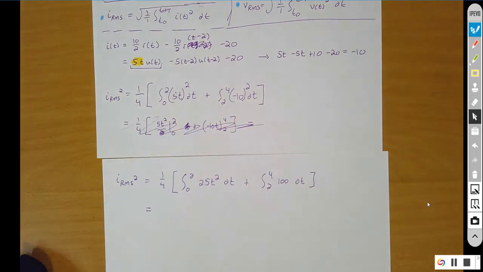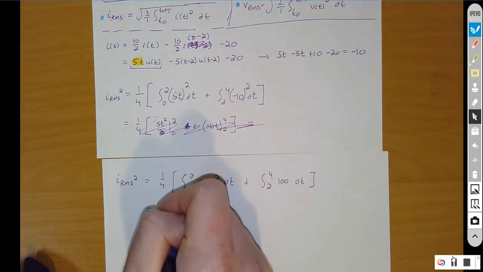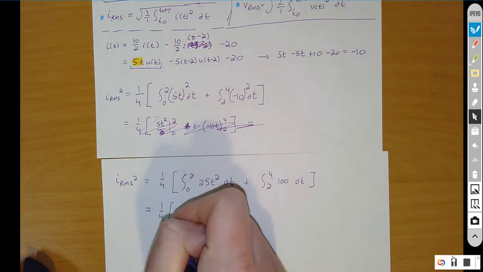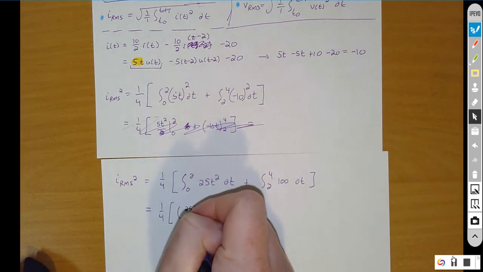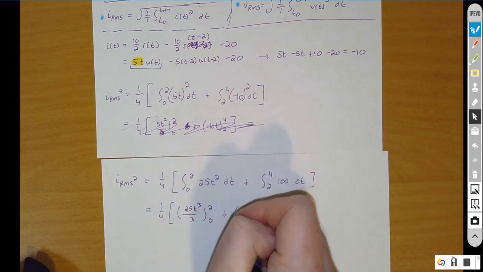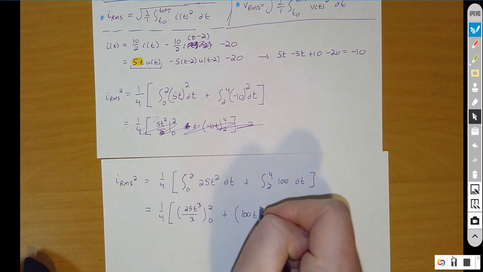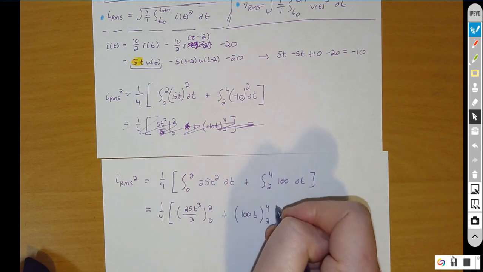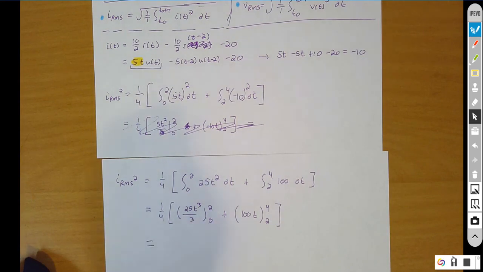So then you do all of that, and you get 1 over 4, and then we get 25t cubed over 3 from 2 to 0 plus 100t from 4 to 2. Calculate the number there.